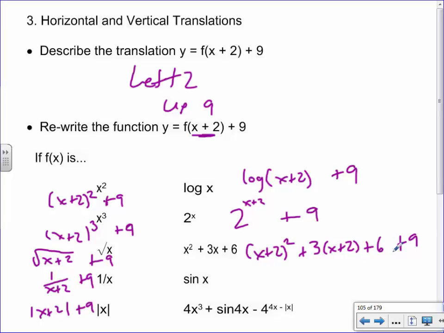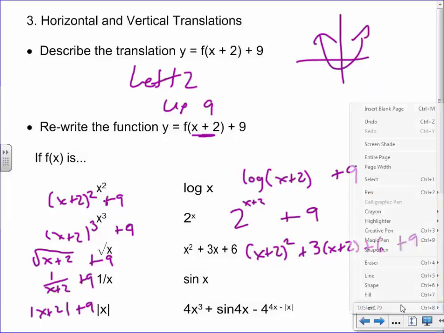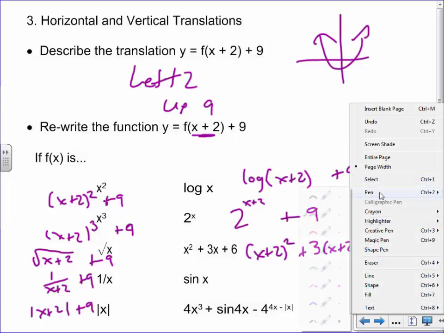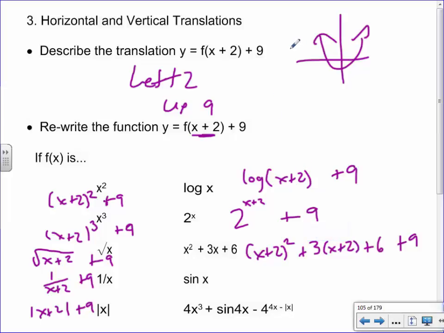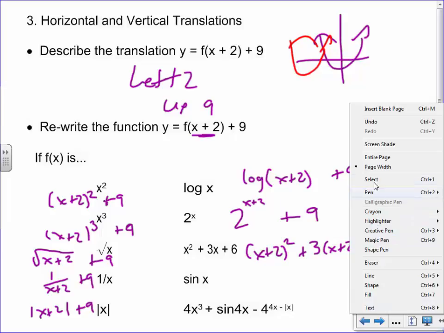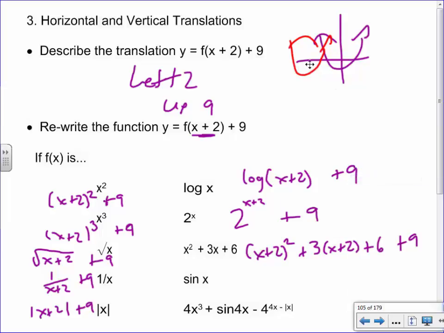Right, you can put the 6 and the 9 together. You could distribute this stuff here, you could FOIL that out. If you wanted to, you could. But all that's going to happen is this graph, wherever this graph was, it used to be some sort of quadratic, it's now going to be moved left 2, and then up 9.